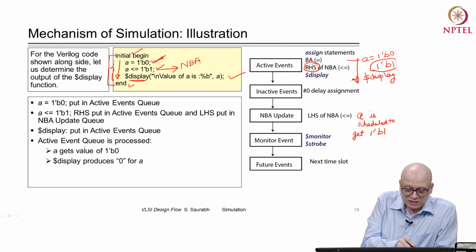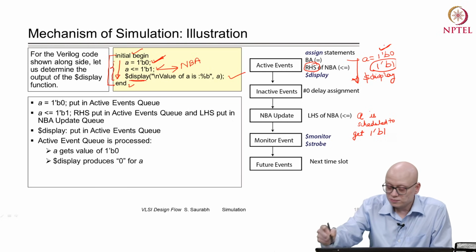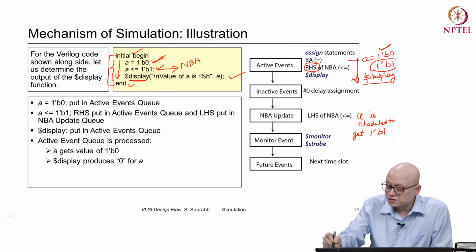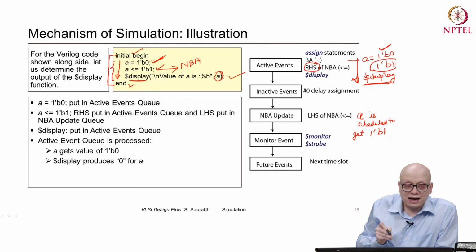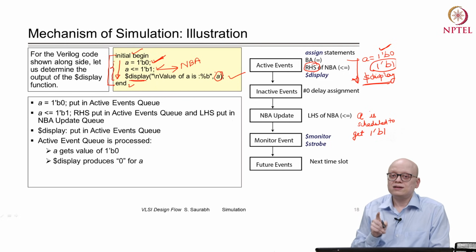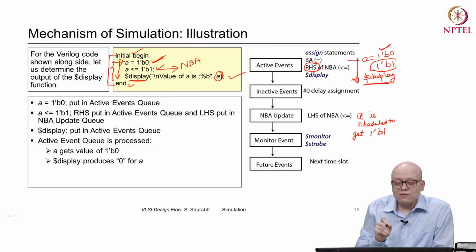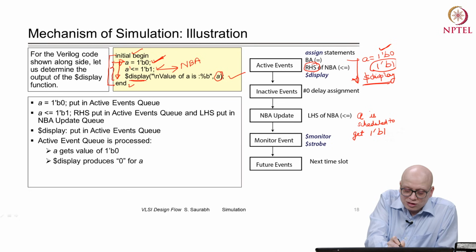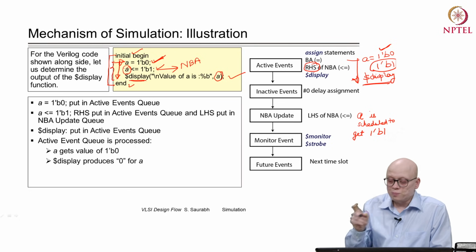Now, when the active events are processed, A gets a value of 1'b0, right. Then the dollar display will produce the value of A, and the current value of A is 0, right, because when this was processed, A was assigned a value of 0. Note that the LHS of the NBA, that is A, is not yet updated, but the display statement will be executed before that.